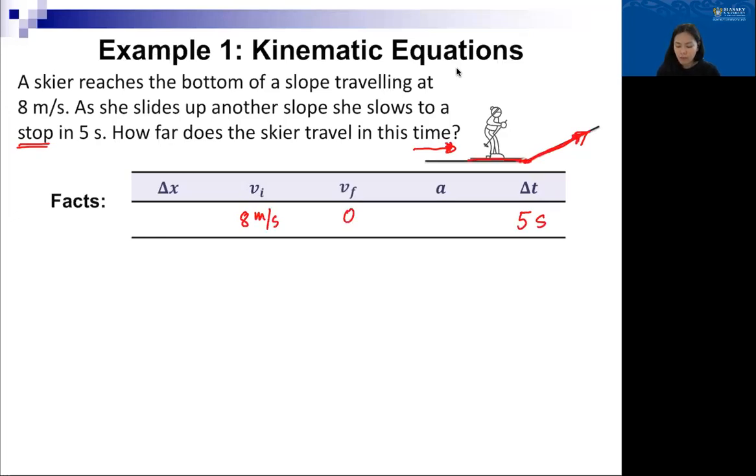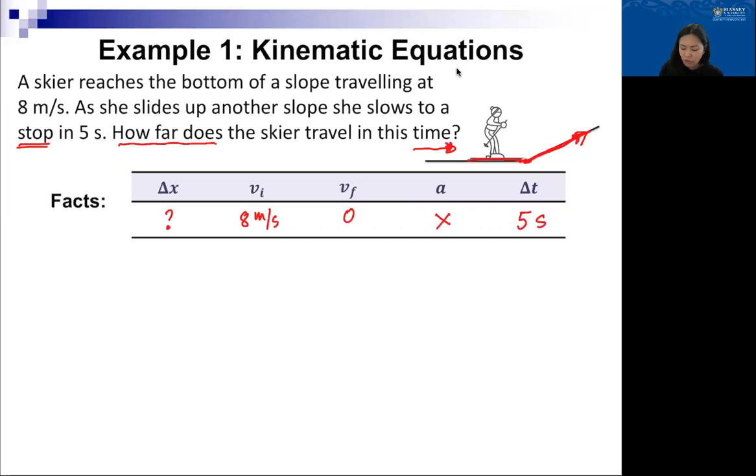Good. Reading the problem, how far does the skier travel? That means delta x. That's what's being asked. And there's nothing about acceleration here, so we don't know acceleration. We only know VI, VF, and the time, delta t.